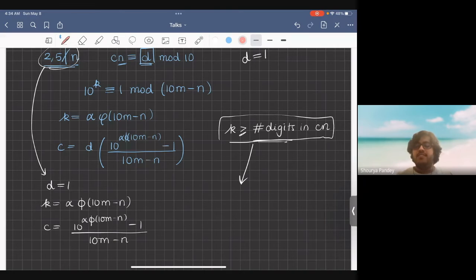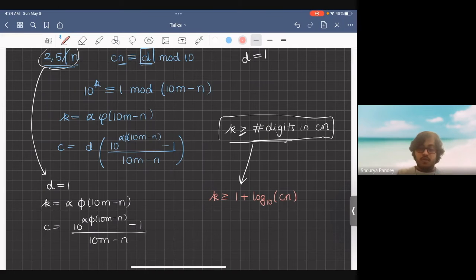How do you characterize the number of digits in Cn? Floor of log base 10. So if I can show that k is at least 1 plus log Cn, then I'm done, right? Let me know if you don't see why this is true.